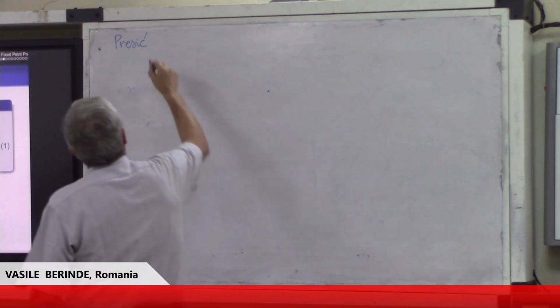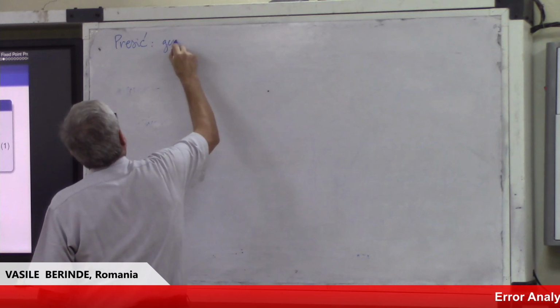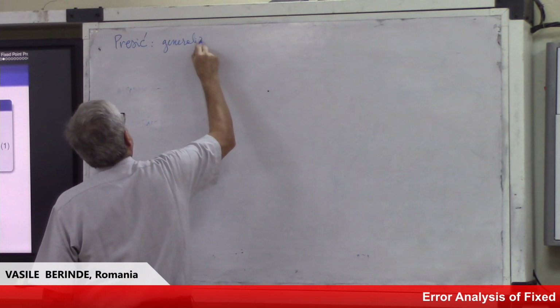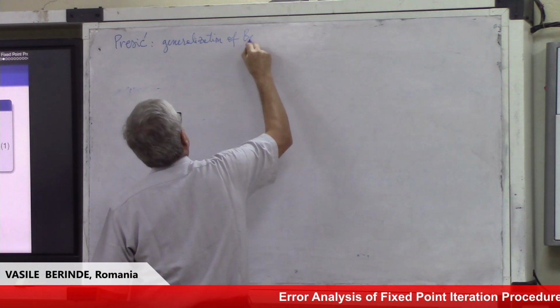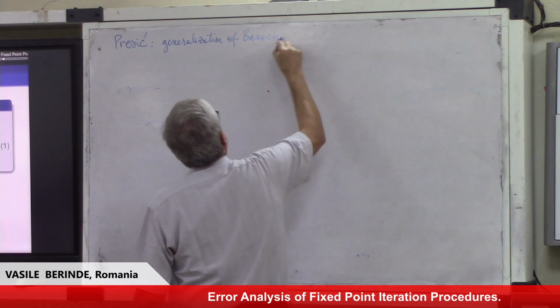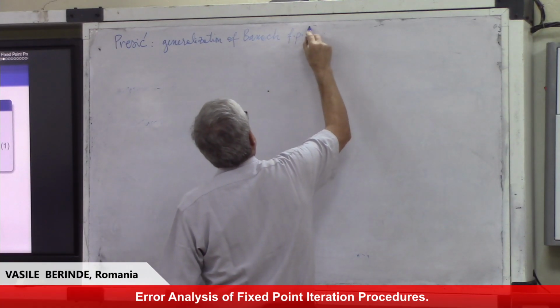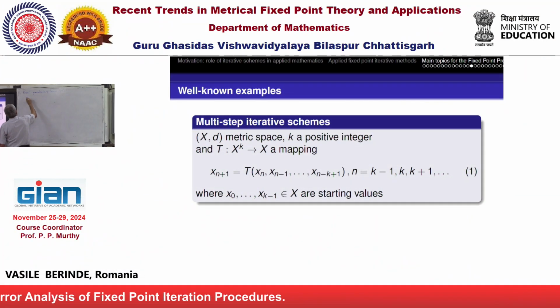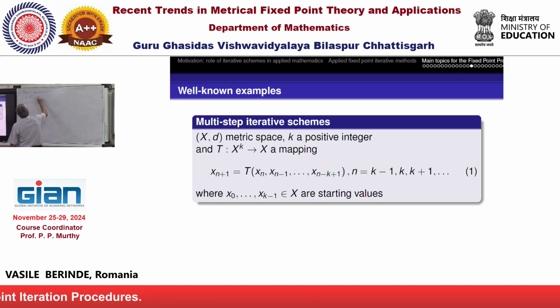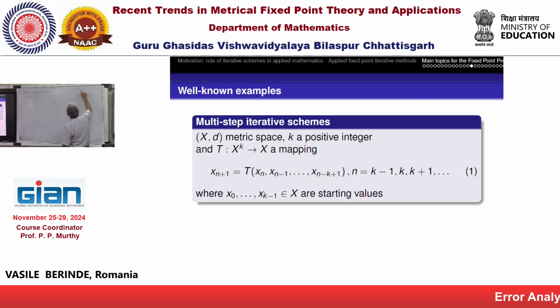He gave a generalization of the Banach contraction, the Banach fixed point theorem, in a very interesting way. He considered T defined on X to the power k into X, where k is greater or equal to 1 and is an integer, of course.